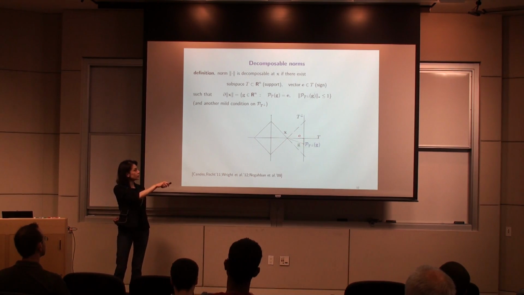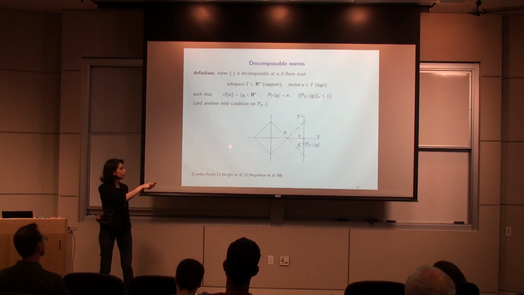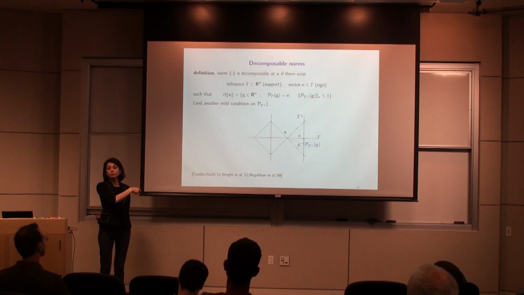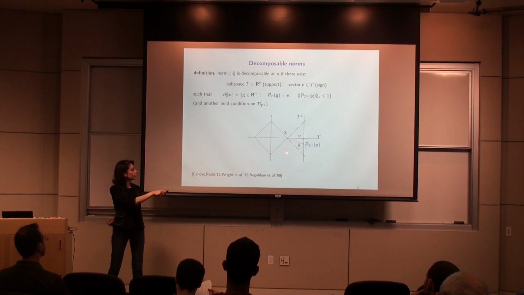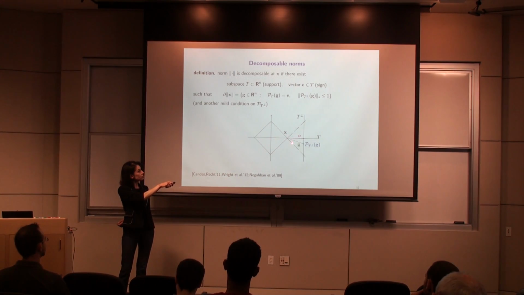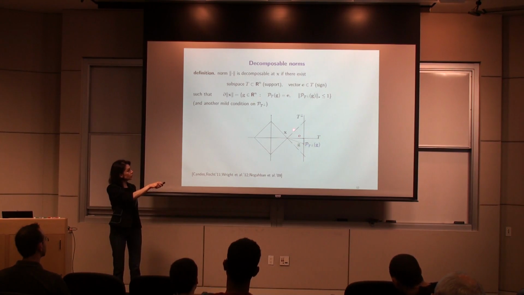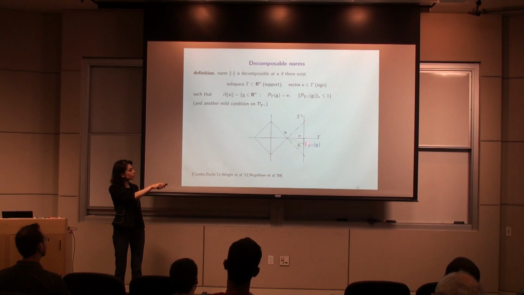What do we mean by sign vector here? This is just 1 and 0, so its sign vector is also the corresponding 1 and 0. The sign vector for this one will be minus 1 and 0, etc. So that's T. The projection of G onto the orthogonal complement of T is this blue vector, any vector that has a value between +1 and -1.